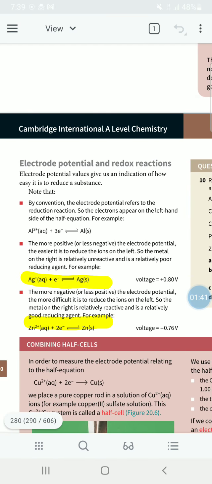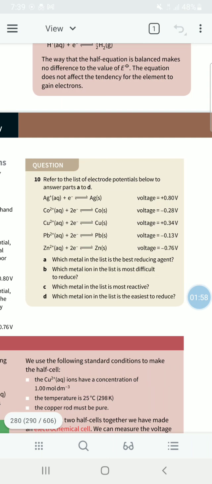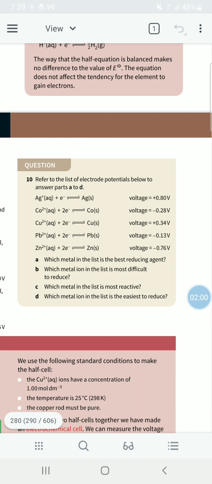When the positive value is high, it is a poor reducing agent. The metal is unreactive, and the ions will easily get reduced. So as a result, it is a poor reducing agent.